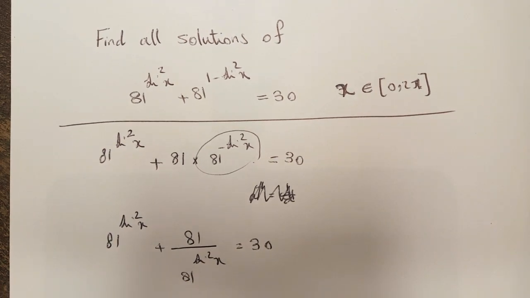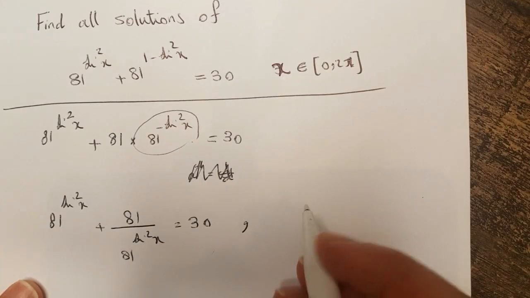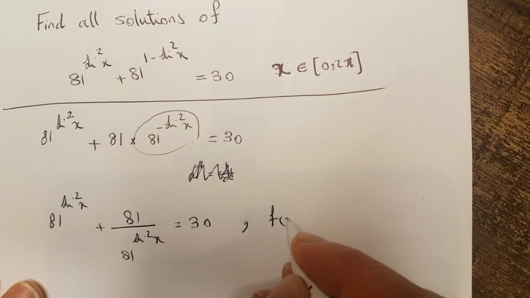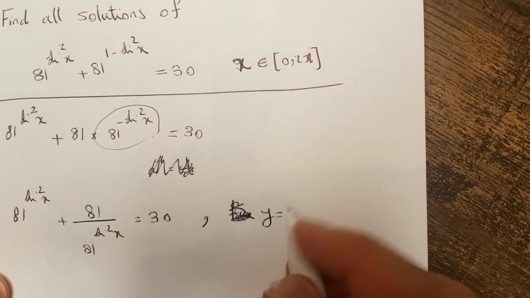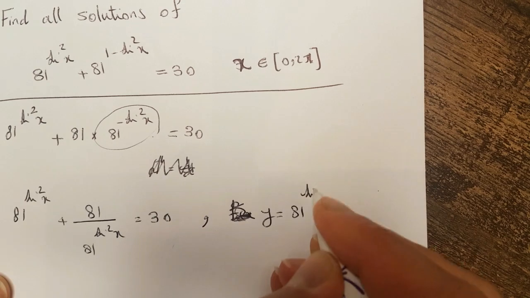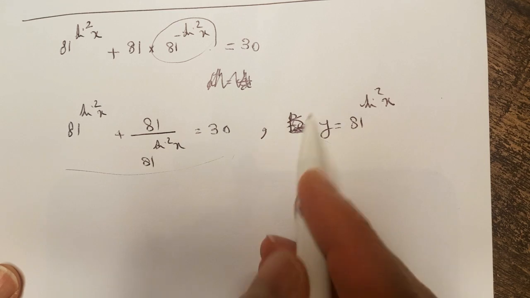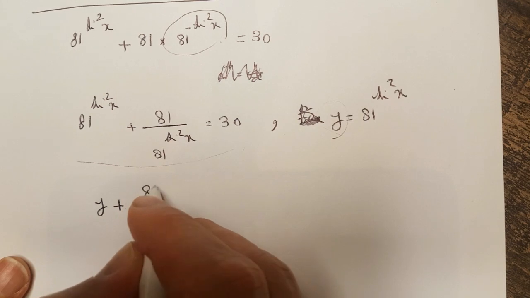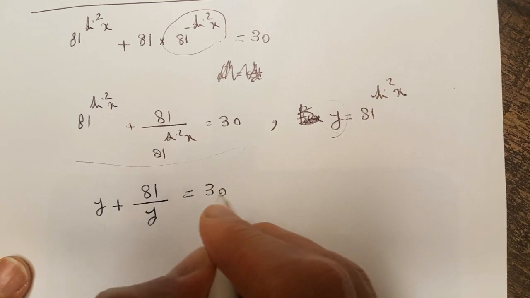Then let's do a change of variable in order for us to simplify the equation. So if we consider that f of x, or let's say y, is equal to 81 to the power of sine squared of x, and rewrite our expression in terms of variable y, we will have y plus 81 over y equal to 30.